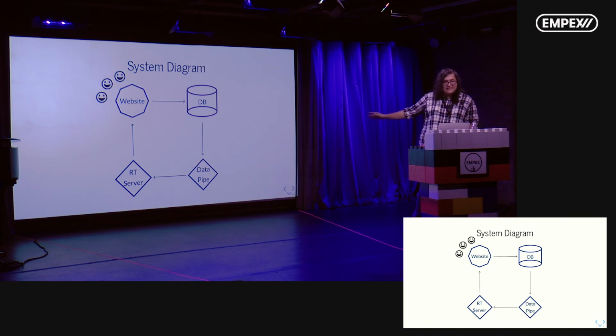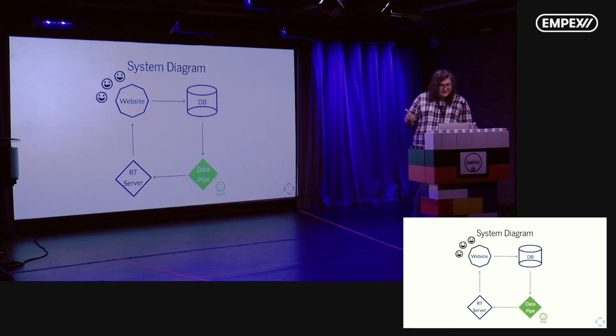And data pipe is our processing, like machine learning algorithms, like bulk processing system, written mostly in Python. And our real-time server is our backend API in Elixir, and that takes in some of the data processed by the pipeline and feeds it back to the website to influence customers and keep that cycle going.